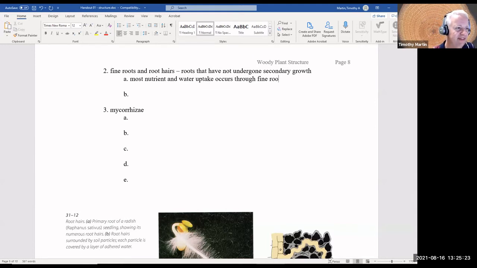You can sort of think about the fine root system as the nutrient and water uptake part of the system, and it tends to be on the periphery of the root system, while the larger coarse roots are providing basically mechanical support and then also transport function from the fine roots out on the ends up into the stem.